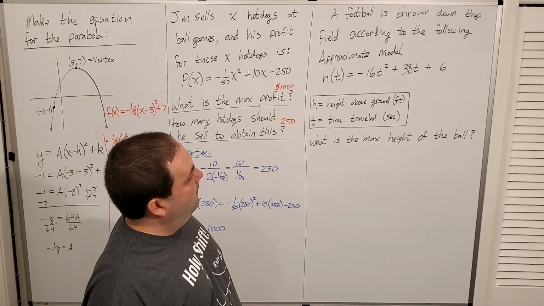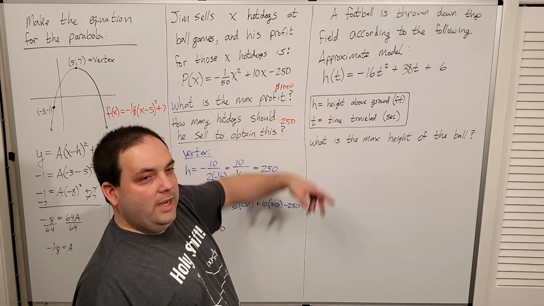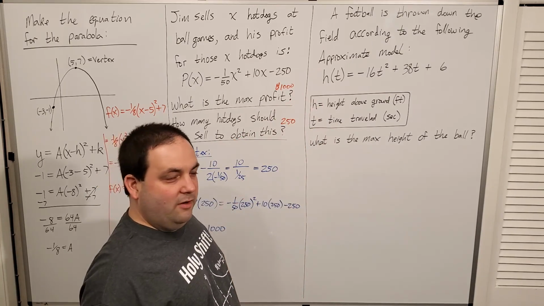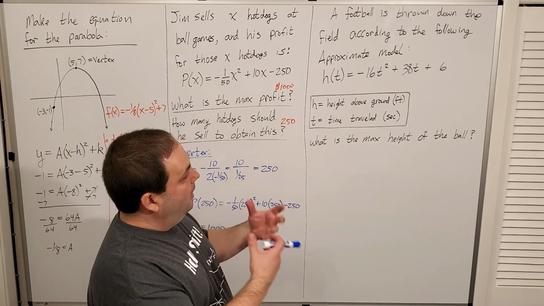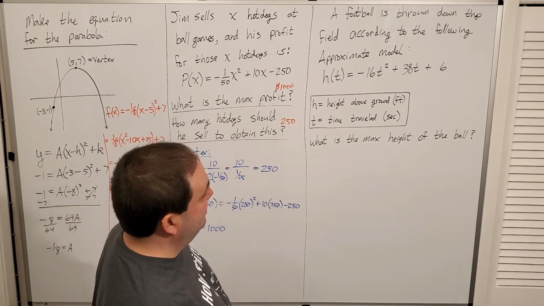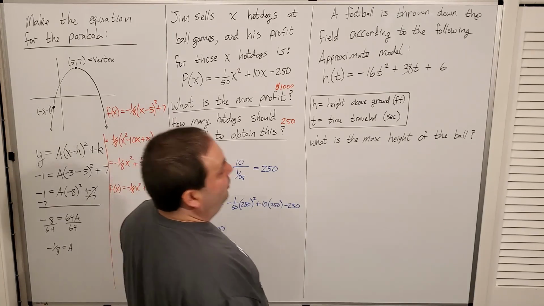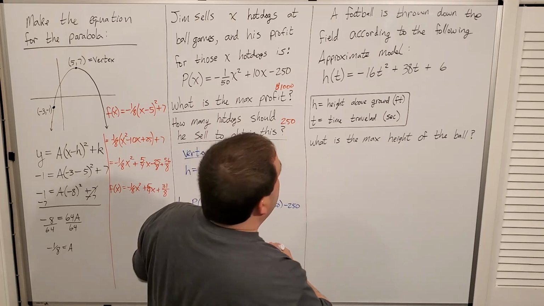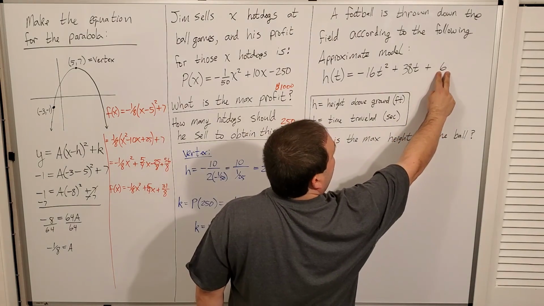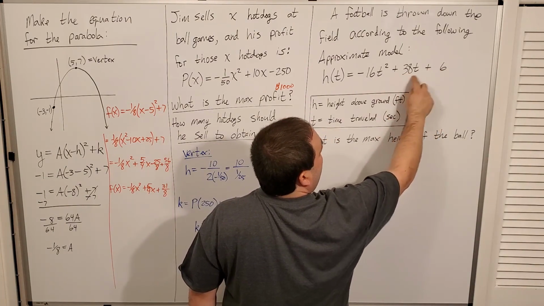Okay? I actually created this problem getting some data from a local quarterback. So I used some of the numbers that they listed to make it, and it's actually pretty accurate. So look, right here, what this is saying is that the original height of the ball when t is 0 is 6.